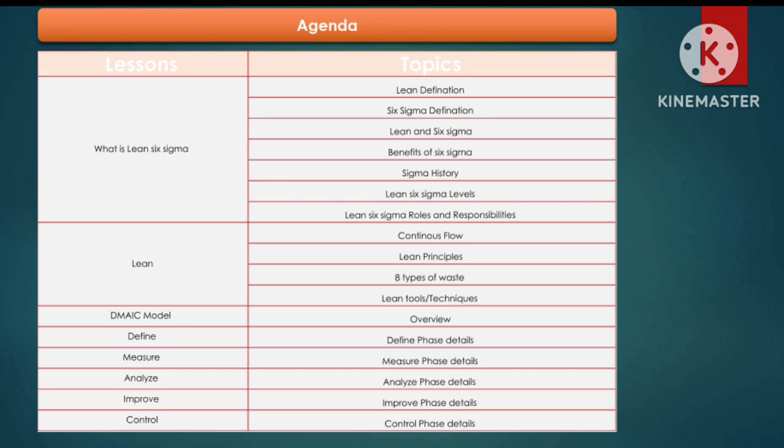We will know the Sigma history and the levels of Six Sigma, the roles and responsibilities in Lean Six Sigma, and we will understand the Lean importance in flow, Lean principles, 8 types of waste. We will understand the Lean tools and techniques, and we will talk about the DMAIC model: define, measure, analyze, improve, control. So each one we will talk about in this session today.